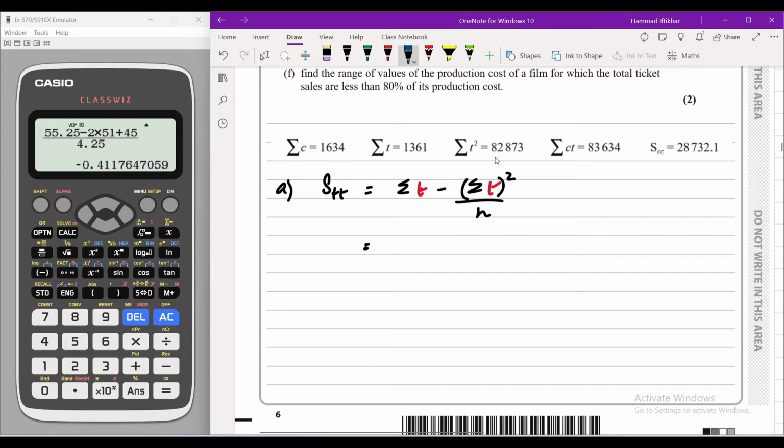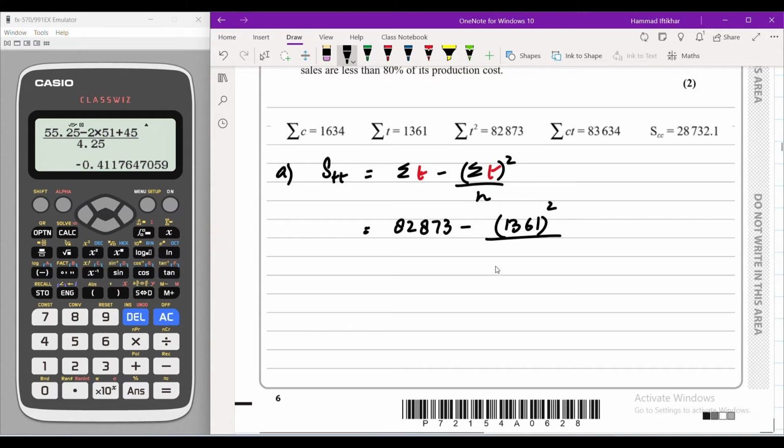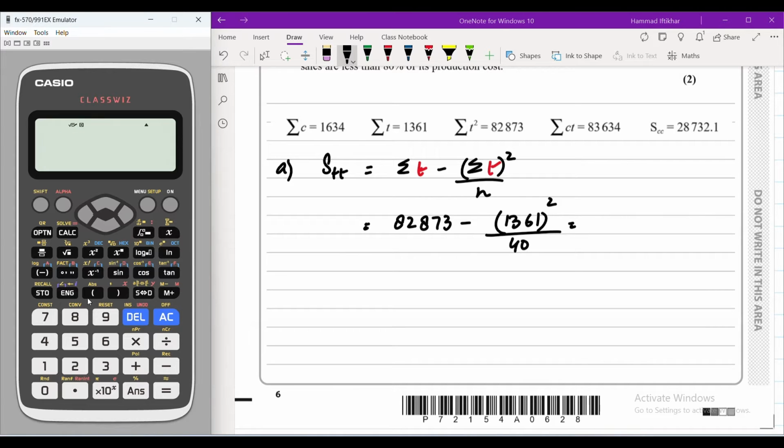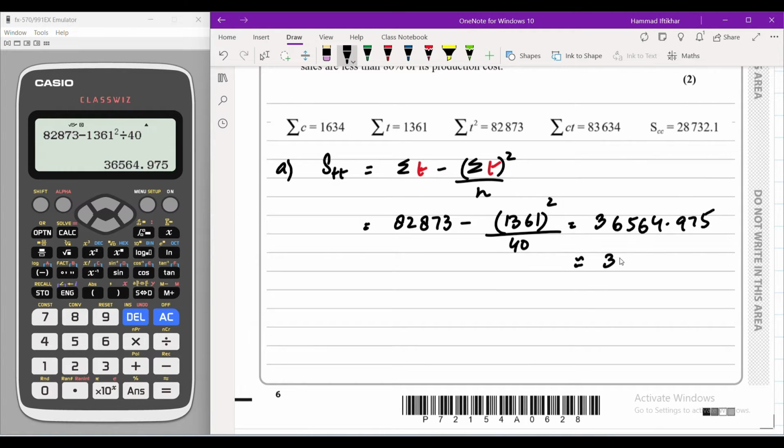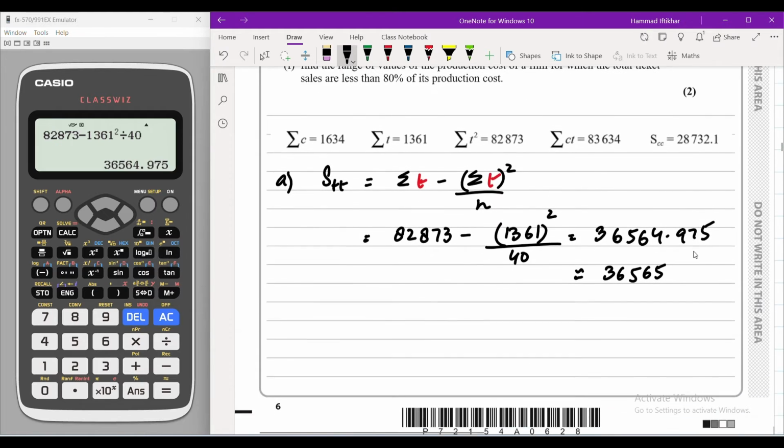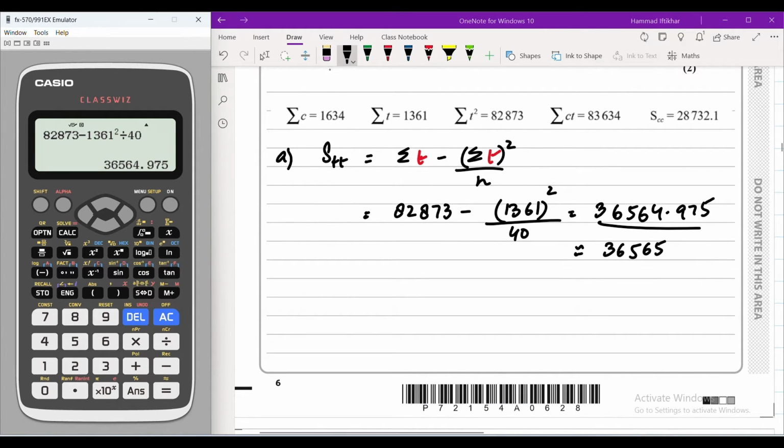So we have sigma t squared, 82873, minus (sigma t, 1361) whole squared divided by 40. That is 36564.975. Exact value is this.